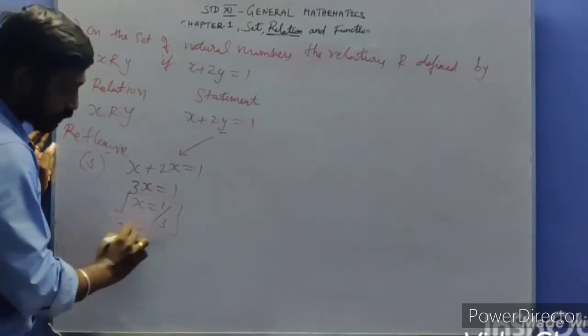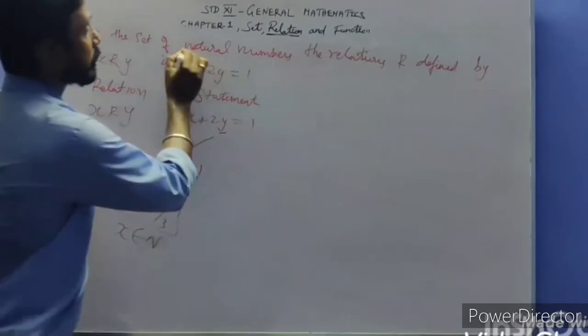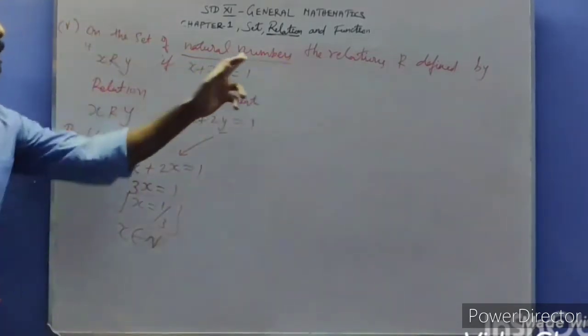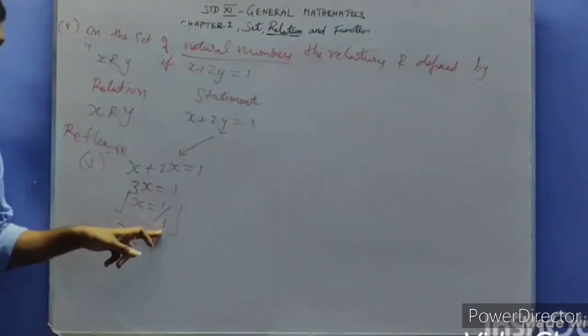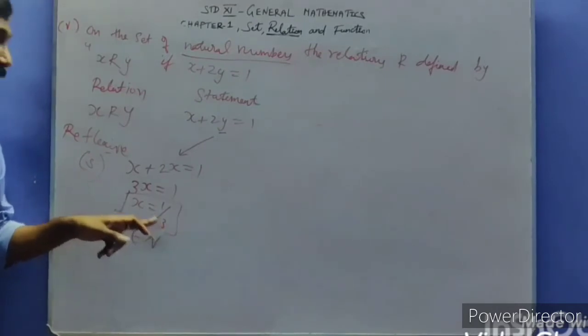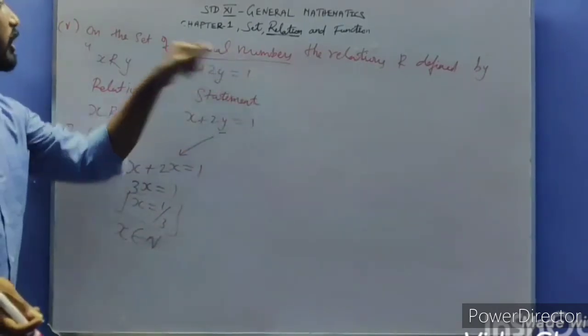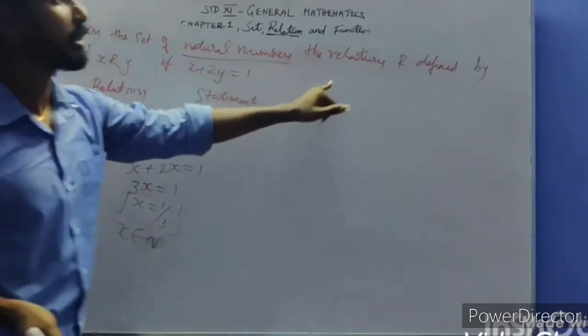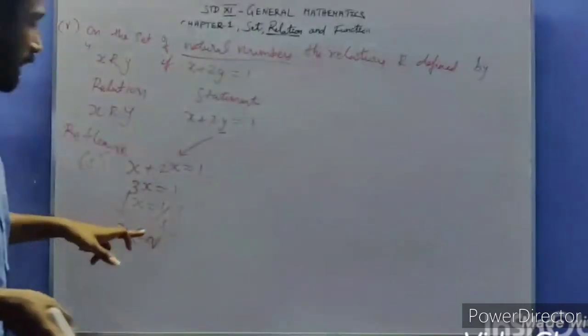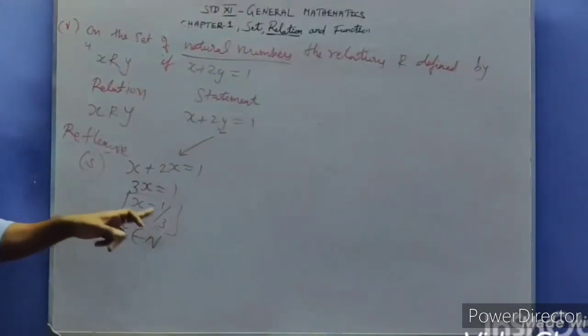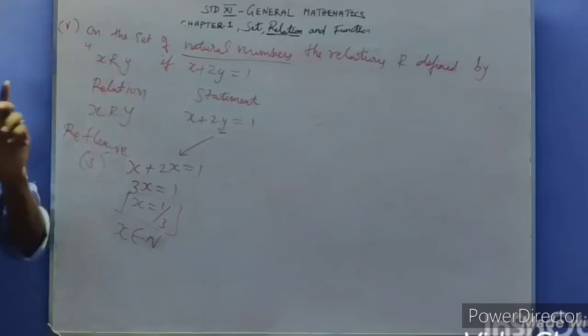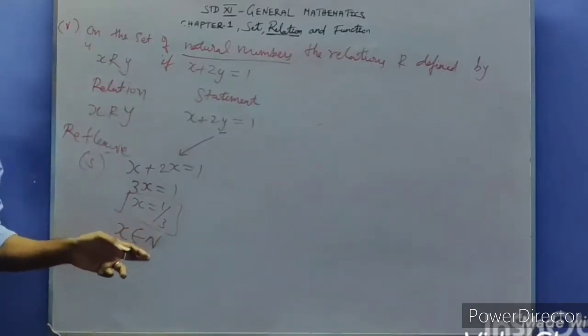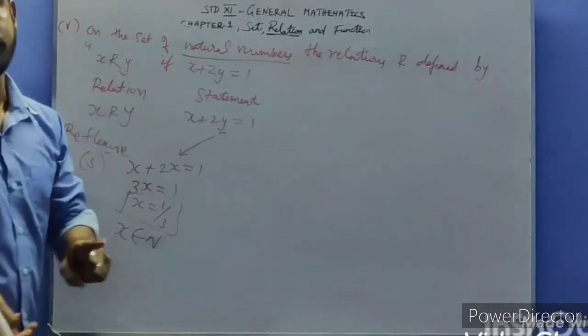So x belongs to, what is the question they are given here? It will be natural numbers. But we are getting here something that is not a natural number, because 1 by 3 is a fraction. Natural numbers always start with 1.